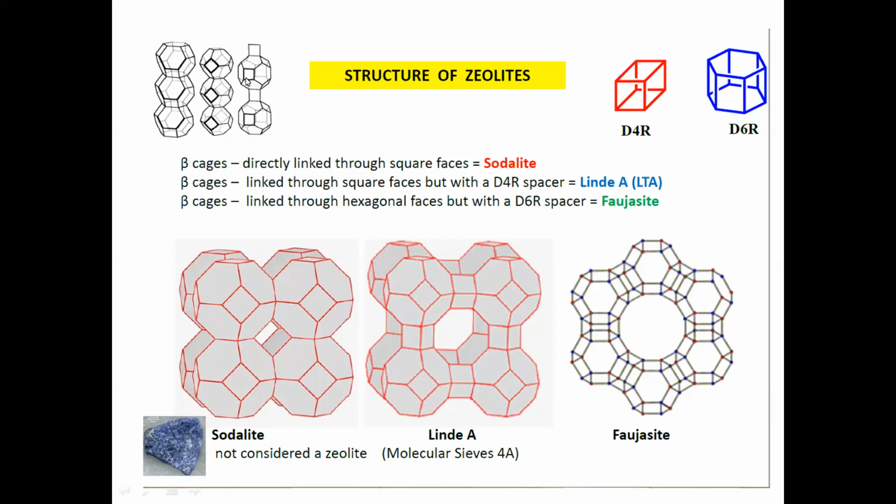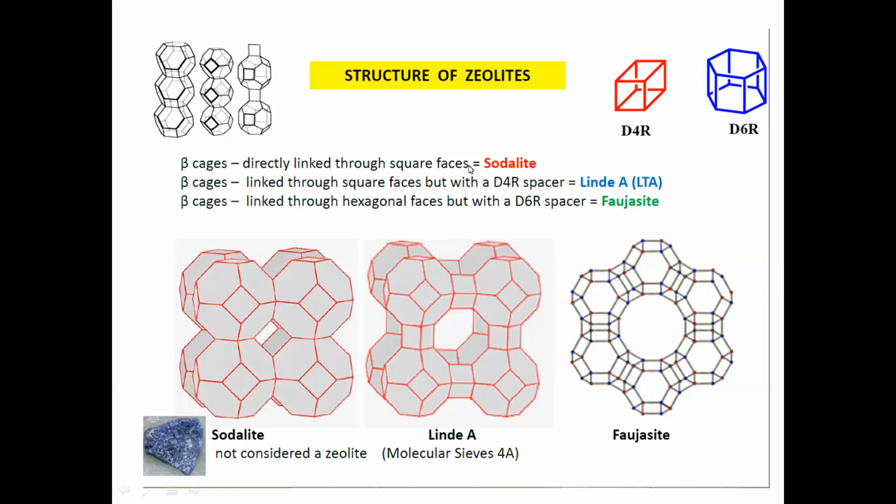They are basically just two molecules. Similarly, you can have a few molecules. If you have 4 molecules, you have a linker which looks like D4R, or if you have 6 molecules, you have D6R. So the D6R is going to sit on top of the hexagonal face, and the D4R is going to sit on top of the square face.